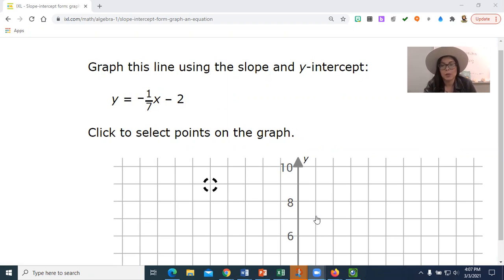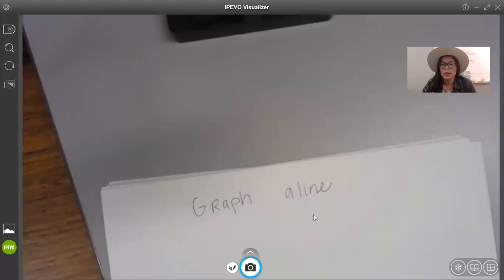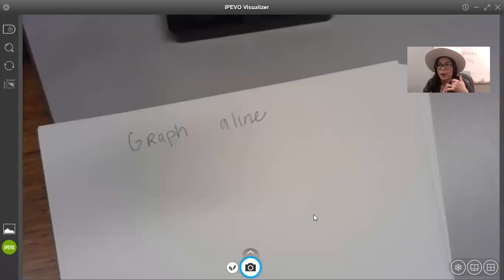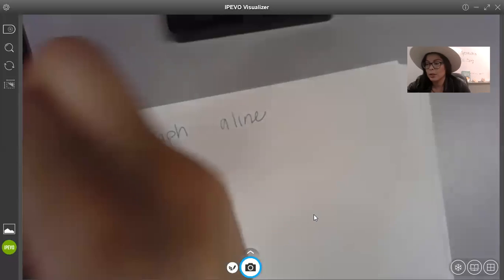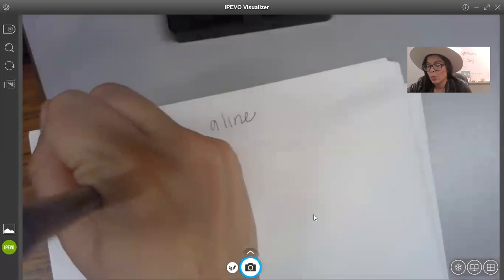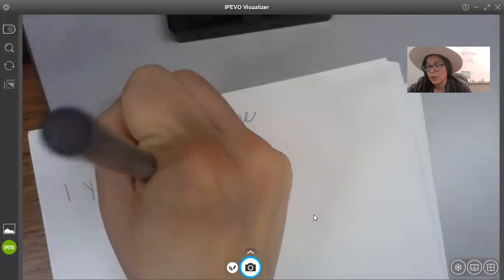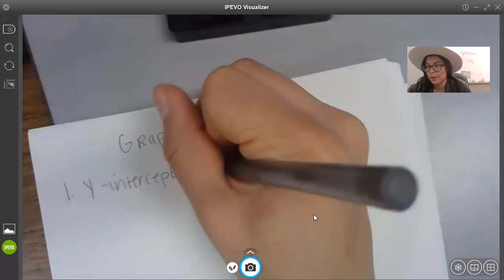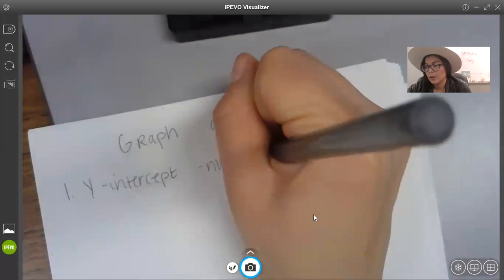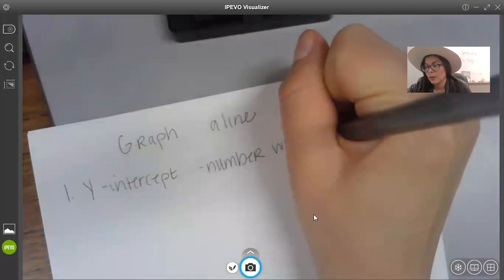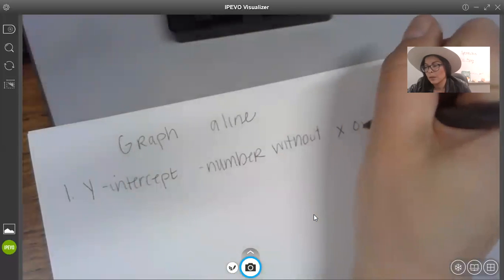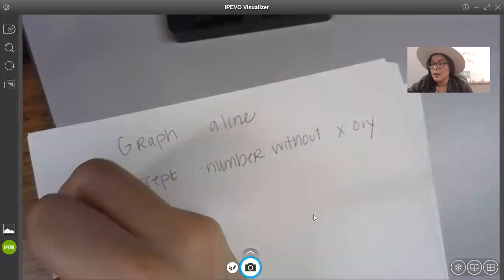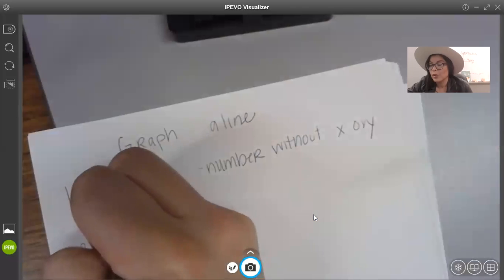So the first thing I want you to do is you need to know what the y-intercept is, and you need to know what the slope is. The y-intercept in the equation is the number without x or y. The slope is the coefficient of x.